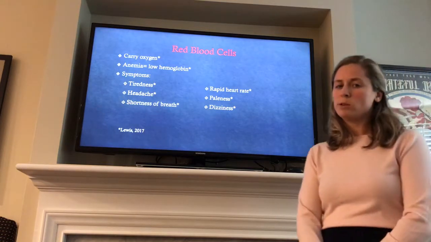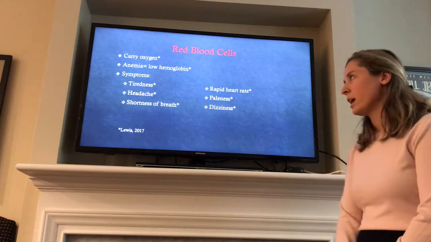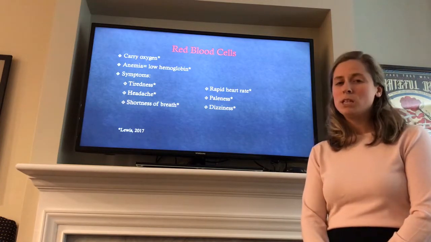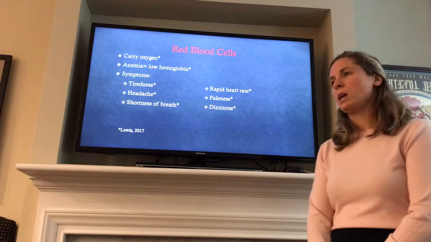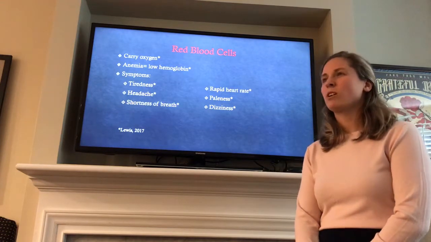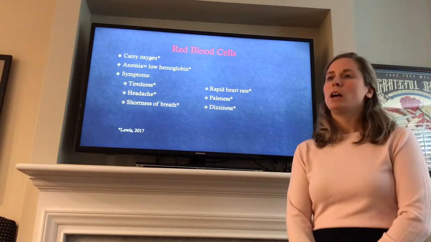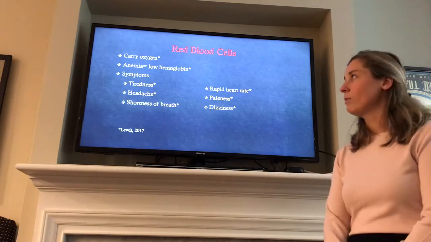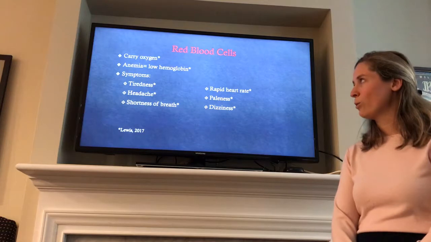So some of the symptoms that you'll see with anemia are tiredness or fatigue, headaches, they might say they're dizzy, or a patient may be very pale, or have a rapid heart rate or tachycardia. These are all symptoms of anemia that you'd want to look out for.